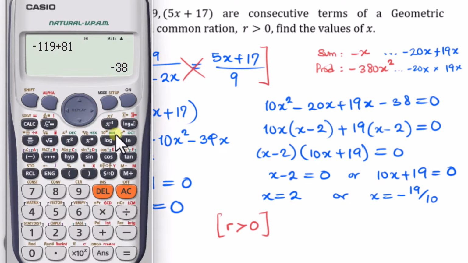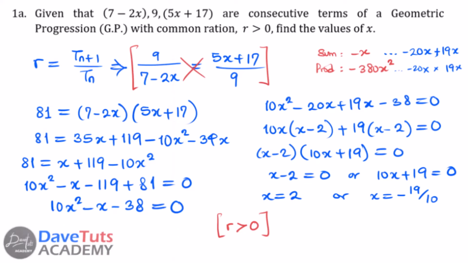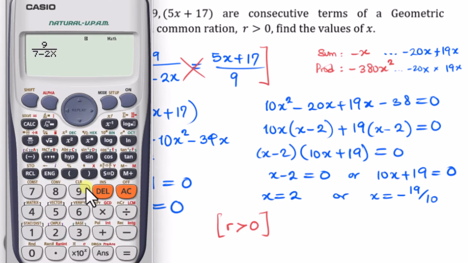But I just want to make use of the calculator to say, in the first case, I have 9 divided by 7 minus 2x. Okay, yes, I got that right. So I want to check with these values for x. So I'm going to say calc when x is 2, what's that going to give me? That is 3. That r is 3, so that is greater than 0.